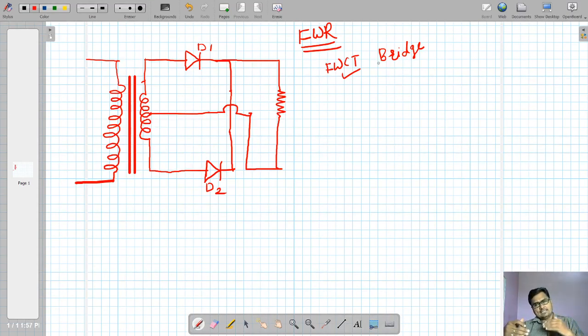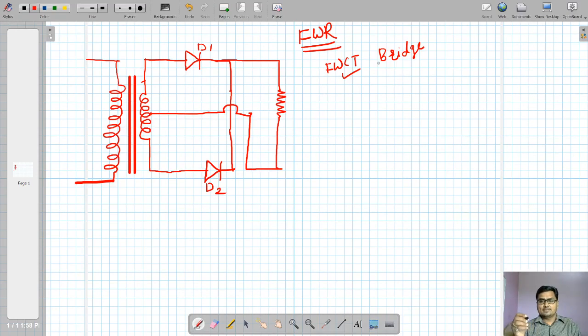When we finish that, we move towards the bridge rectifier, where again we will understand its circuit diagram, waveform, operation, and then its analysis. This is how we will continue with this rectifier study.